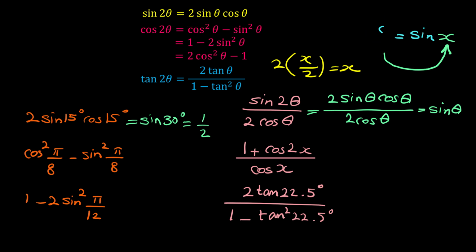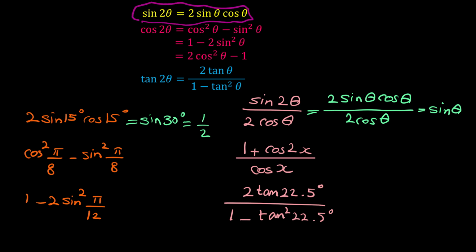This is the way that you have to learn identities. If you just memorize an identity like this, and you think that you can use it that way, it never works. You have to understand the relation between the left side, the right side, and of course, not always in the left side you would see 2 theta. Maybe instead of 2 theta you have 4 theta, 6 theta, 10 theta, whatever. You have to understand that whatever is here, in the other side is half of that.